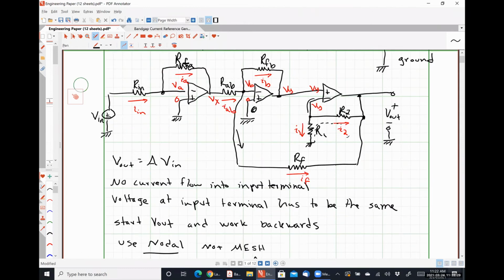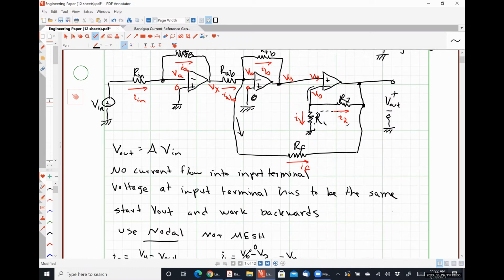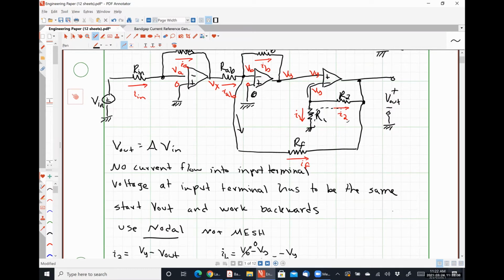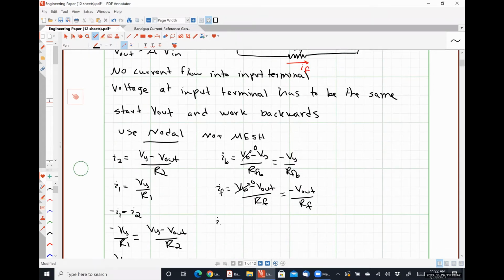And so the last thing we need to do is write an equation for IAB, which is the current between the two op amps. And so that'll be VX minus VB over RAB. So IAB equals VX minus VB over RAB. And again, VB is 0, and so we get VX over RAB.